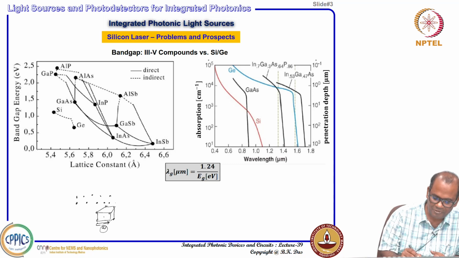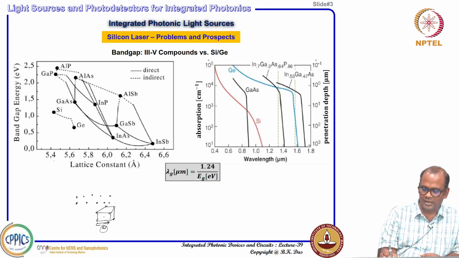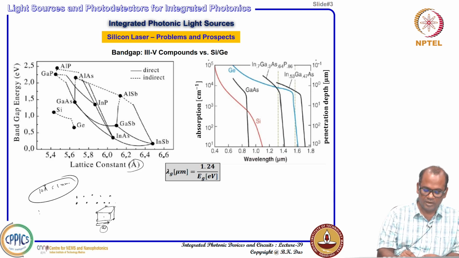Here it is shown very nicely, the lattice constant on the x axis: 5.4, 5.6, 5.8, 6.0, 6.2, 6.4, 6.6 angstrom. It is shown in angstrom. 10 angstrom equals 1 nanometer, and 1 nanometer means 10 to the power minus 9 meter.